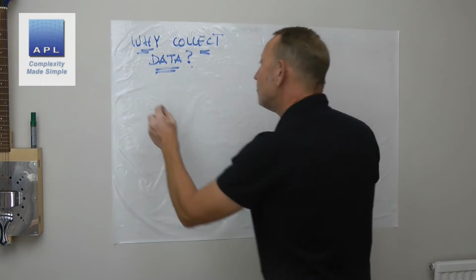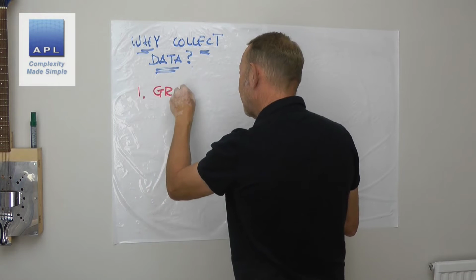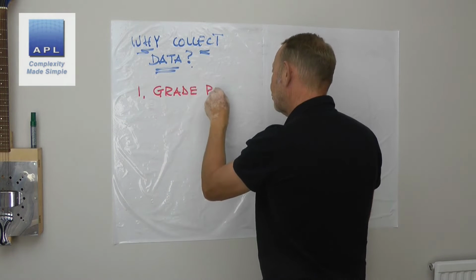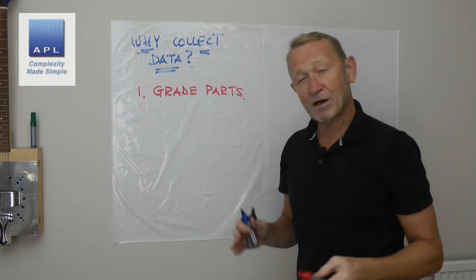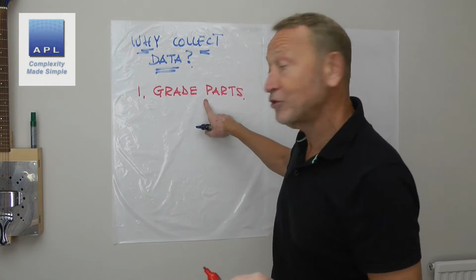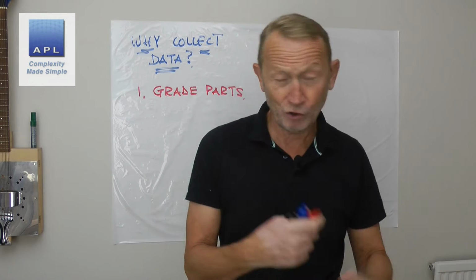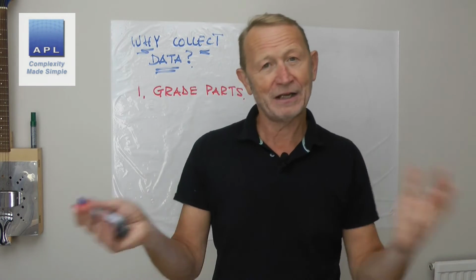So reason number one that you measure is to grade the parts. I would say that's the primary reason you do it, and pretty much for most companies you don't do anything else. You take one, you measure it, you say it's a good one, it's a bad one, and you go from there.